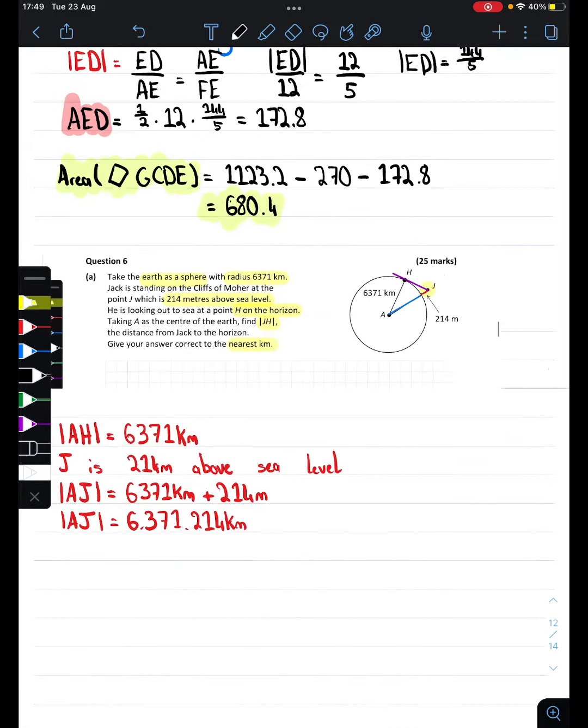So we can say that JH is a tangent to the Earth. And what do we know about tangents?